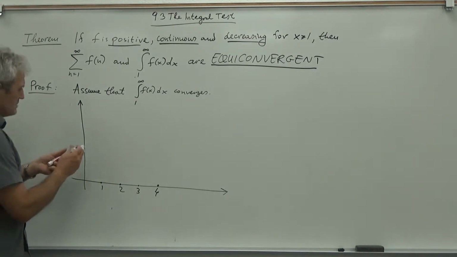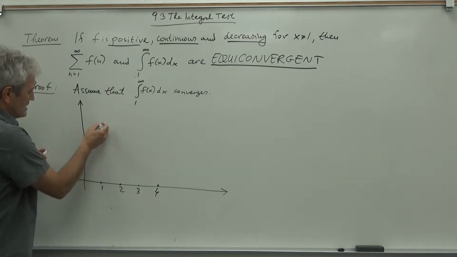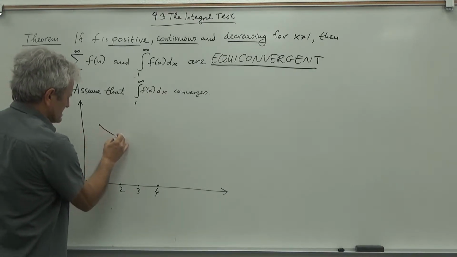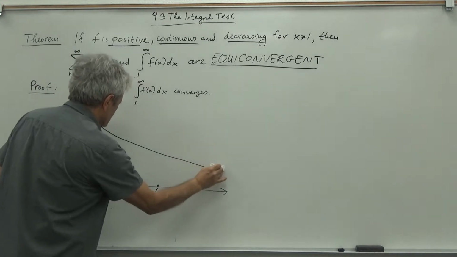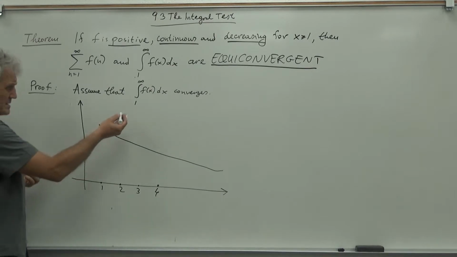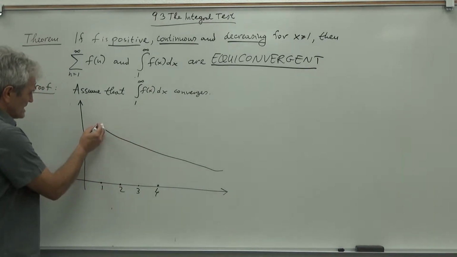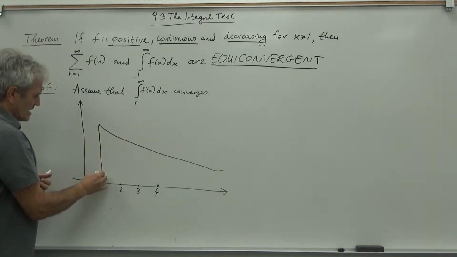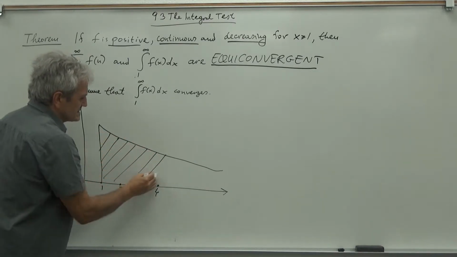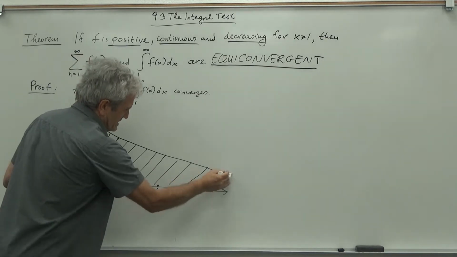At 1, our function has some value, whatever it is, and then our function is decreasing, it doesn't jump, so it goes like this. It should approach 0, otherwise you cannot have convergence. So generally, this assumption says that all this infinite area is finite. This infinitely long area is finite.